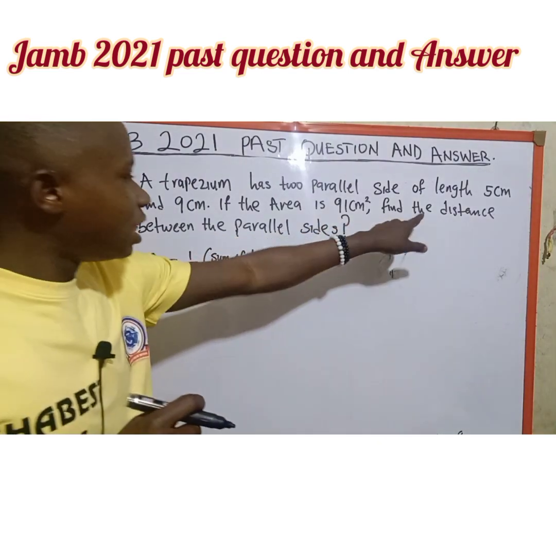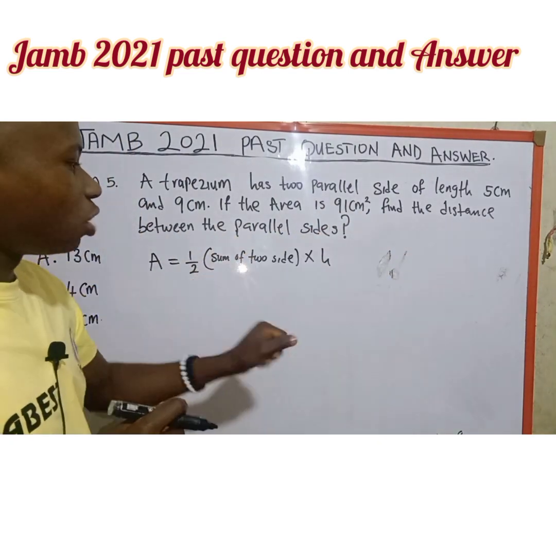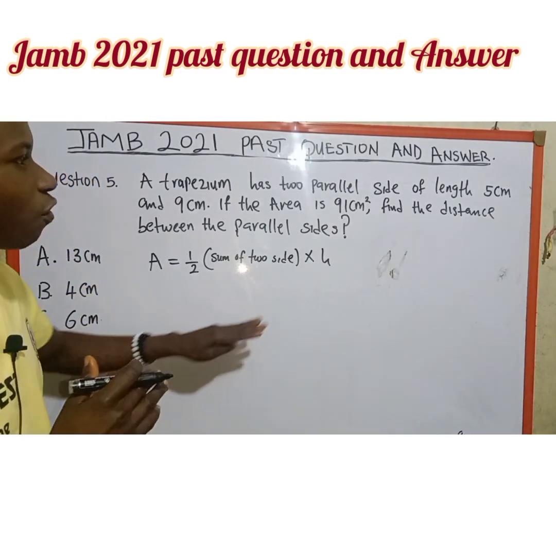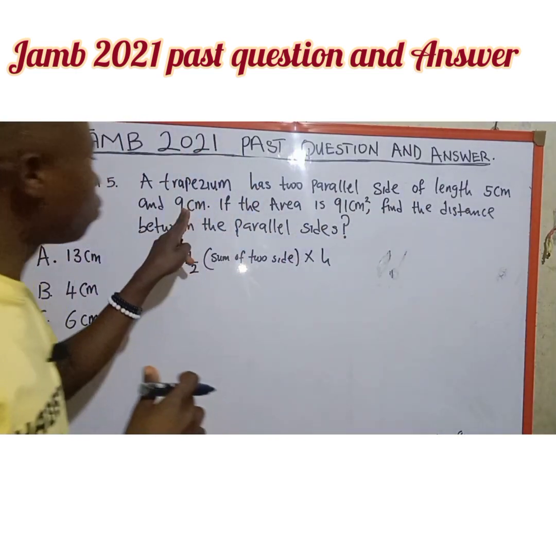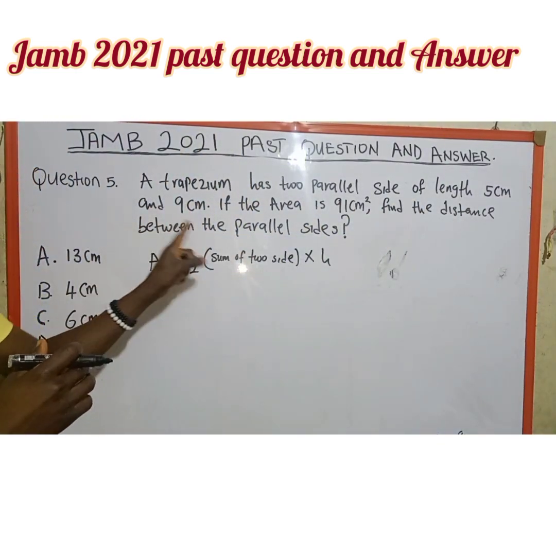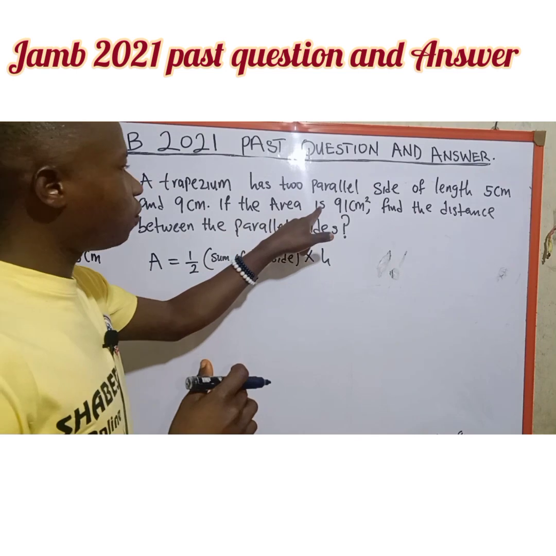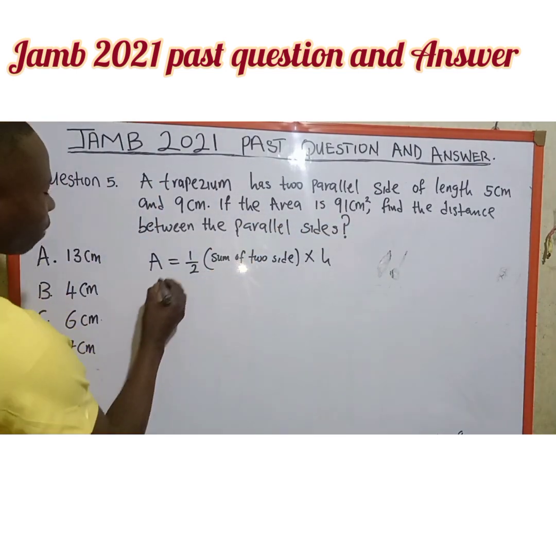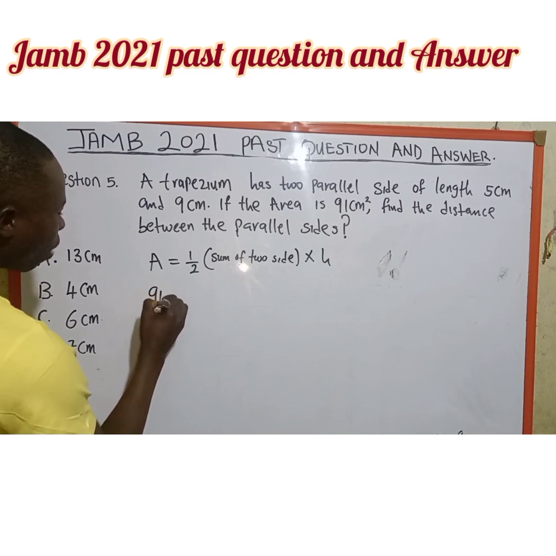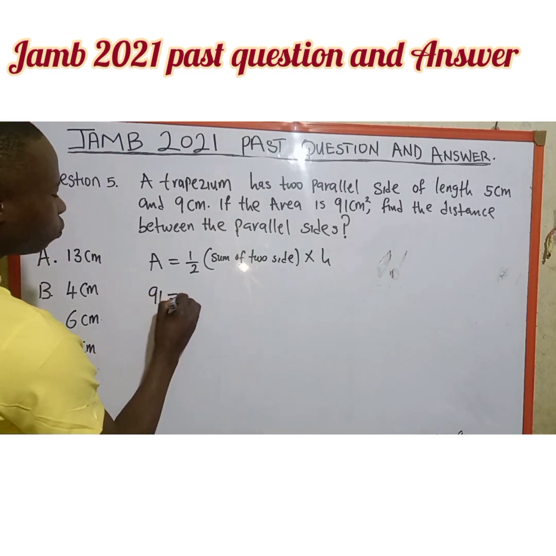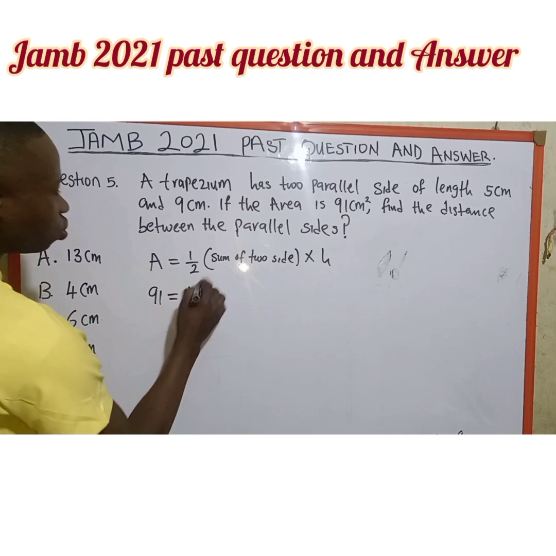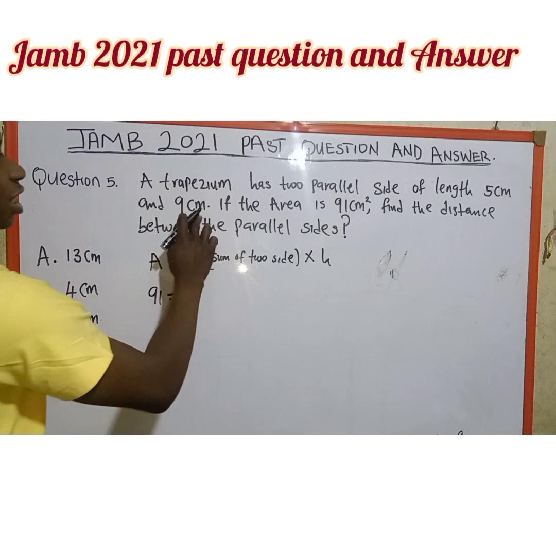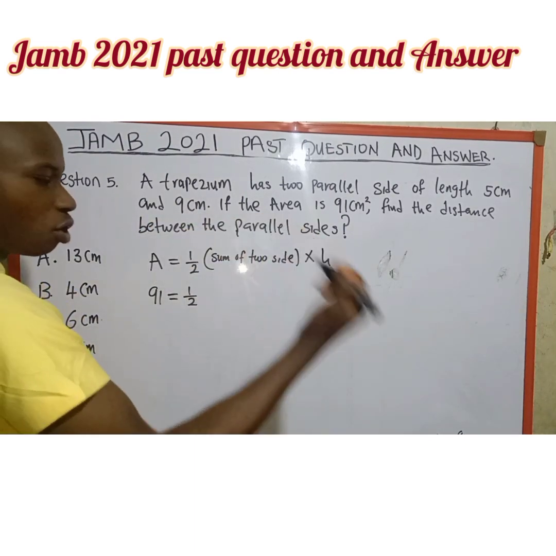We are asked to calculate the distance between the parallel sides. This is what we are asked to look for, which is the height. The height is the distance from this 5 cm side to the 9 cm side. So from the question, my area of this trapezium is given as 91 cm squared. So my area is going to be 91 cm squared, which should be equal to 1 over 2, and the sum of the two sides, we have 5 centimeters and 9 centimeters, and summation means addition.